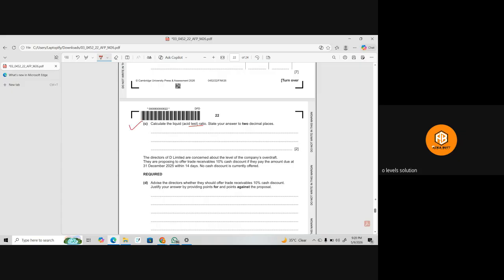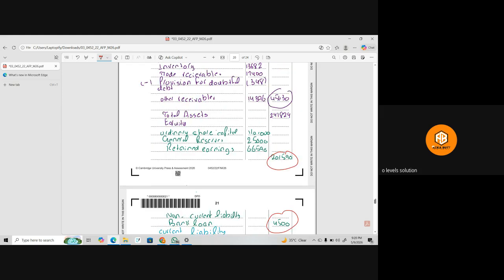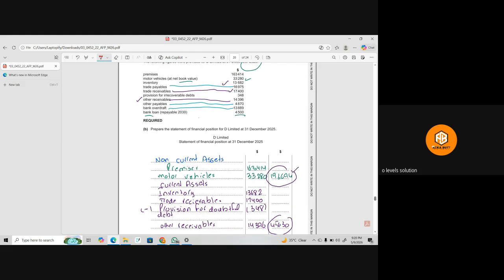Next question is: calculate the acid test ratio. State your answer to two decimal places. So the formula is current assets, not including inventory, divided by the current liabilities. So if we just go up, we have the trade receivables, other receivables. Let me just calculate the current assets except inventory. So this is equal to 31448.